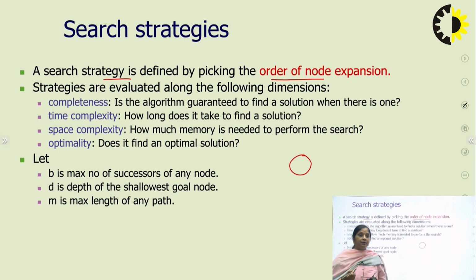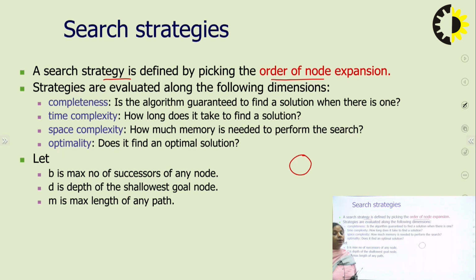Let me say I have 3 nodes A, B, C, and a start state. Now if these are the next possibilities, A, B and C, among these A should be explored first or B should be explored first or C. That depends on the way we are picking the order. So that is a search strategy.